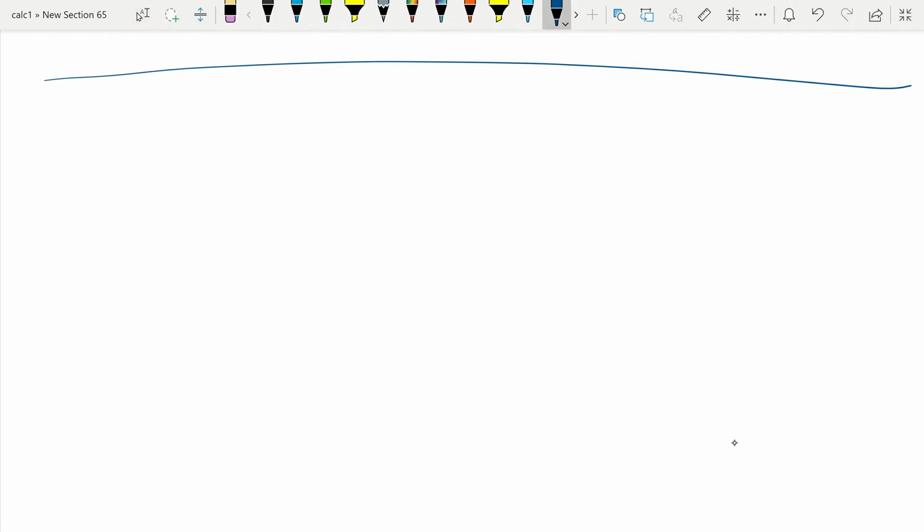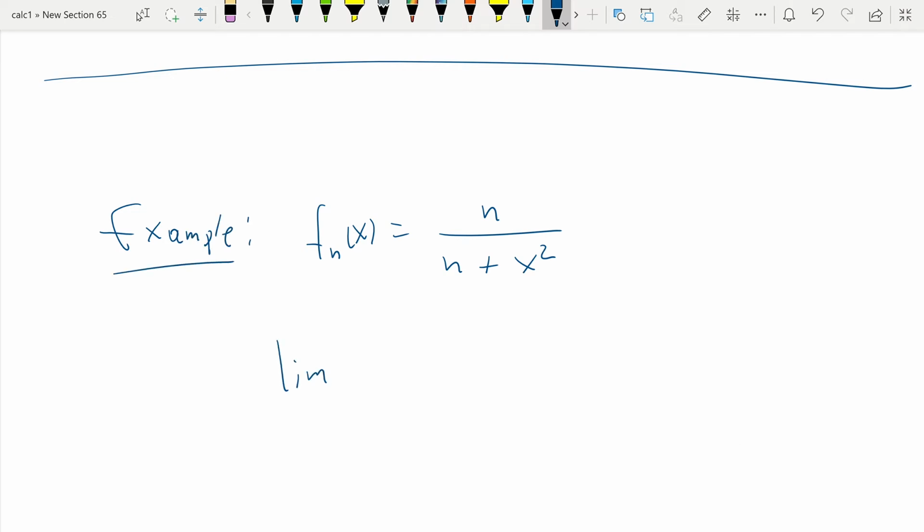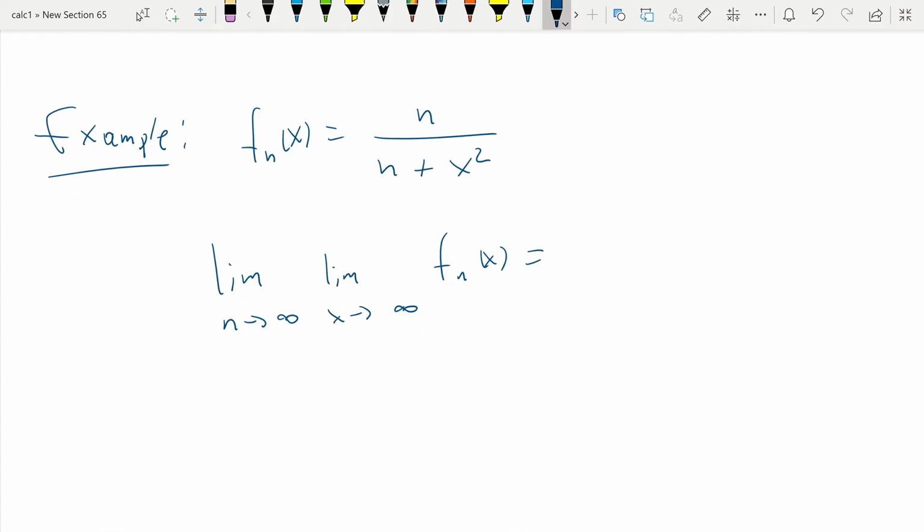For instance, consider f_n of x to be n over n plus x squared. So what is the limit as n goes to infinity of the limit as x goes to infinity of f_n of x? This is the limit when n approaches infinity of the limit when x approaches infinity of n over n plus x squared.